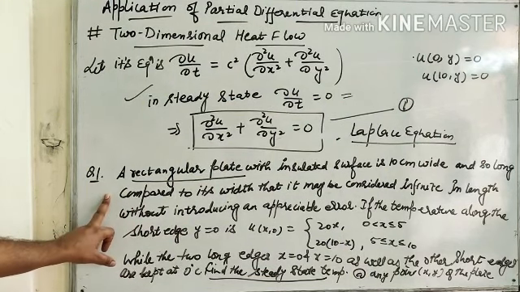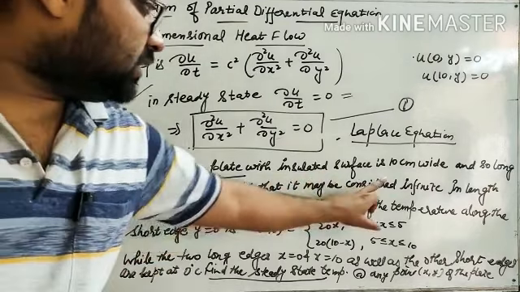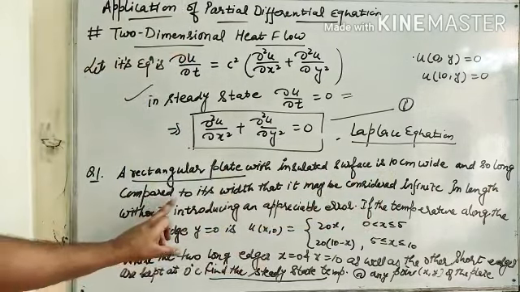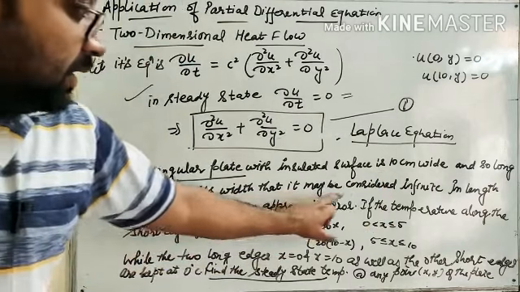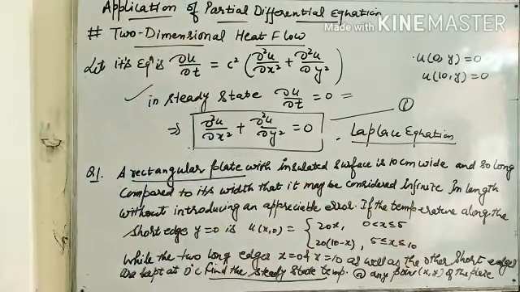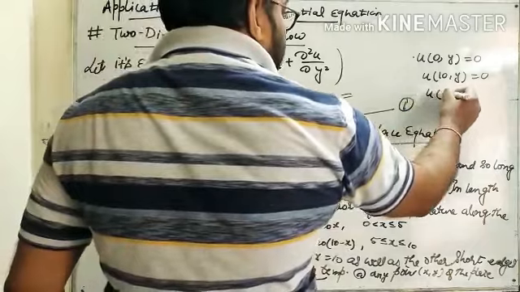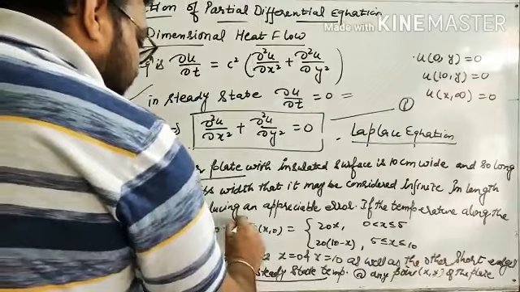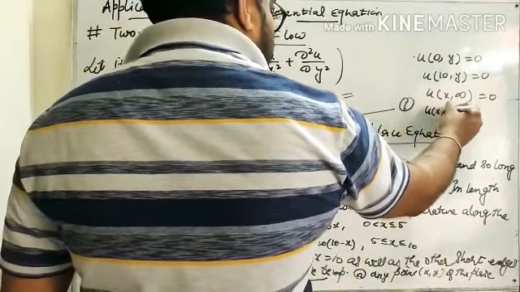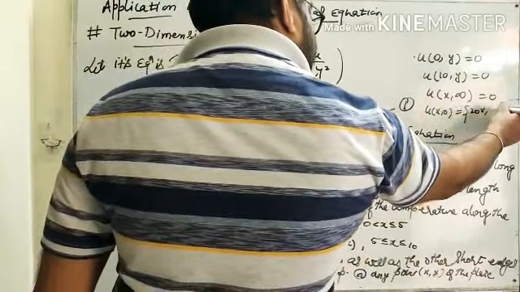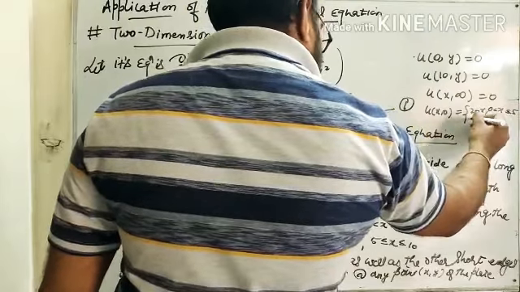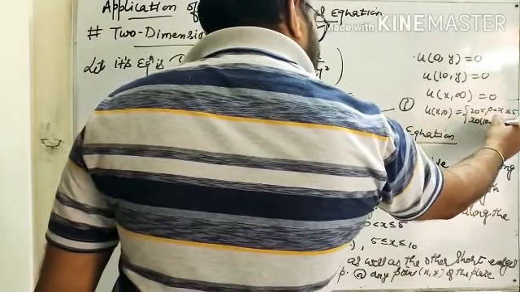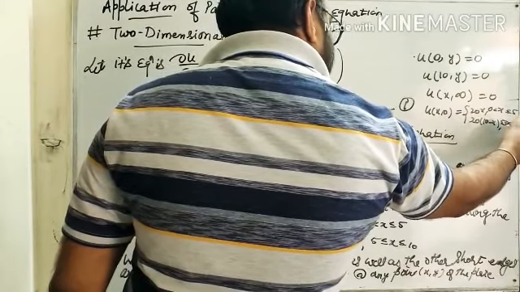And the plate is 10 cm wide and so long compared to its width that it may be considered infinite in length. That is, the length may be infinite and the temperature there is also 0. That is, u(x,∞) = 0. And the last one is u(x,0) = 20x when x lies between 0 to 5 and 20(10 − x) when x lies between 5 to 10.